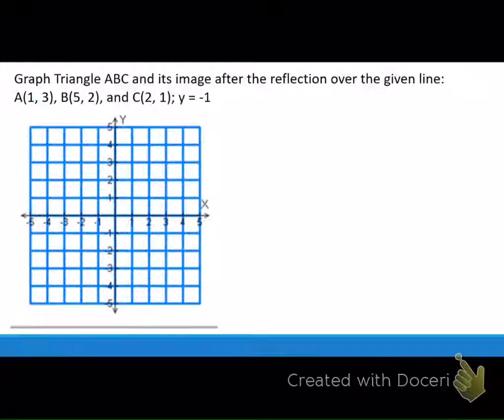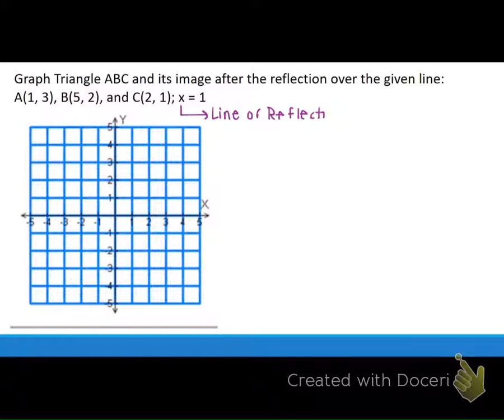All right, next one. So x equals 1 is what we're reflecting over this time. So x equals equations. This is the line of reflection, first of all. X equals equations are always what kind of line? Vertical. They have to cut the x-axis.